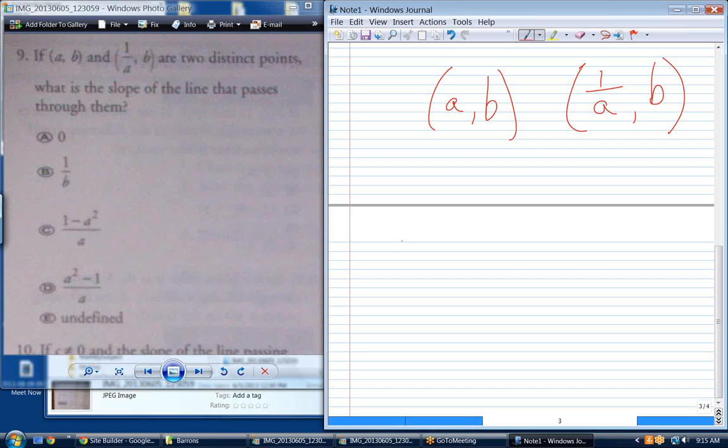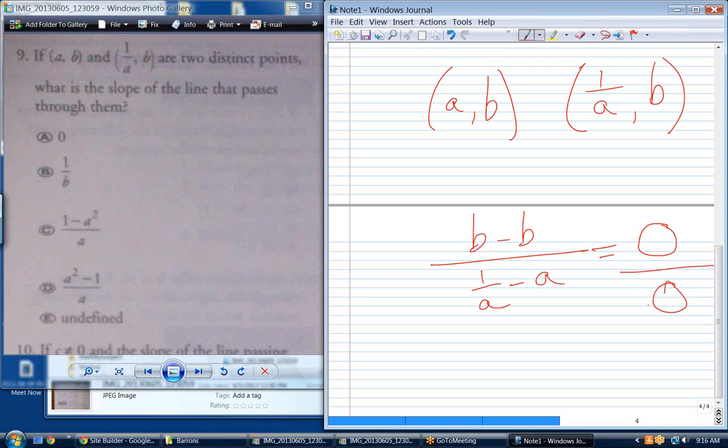Well, B minus B over 1 over A minus A. What's the numerator? 0. What's the answer? 0. Okay. Now, if it was 0 over 0, we might have a problem, because 0 divided by 0 is indeterminate. Okay. But they're not going to give you that. A calculus course might give you that, but you're not going to run into that here.